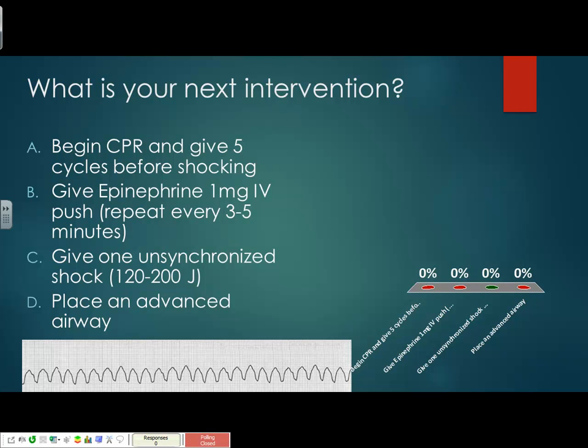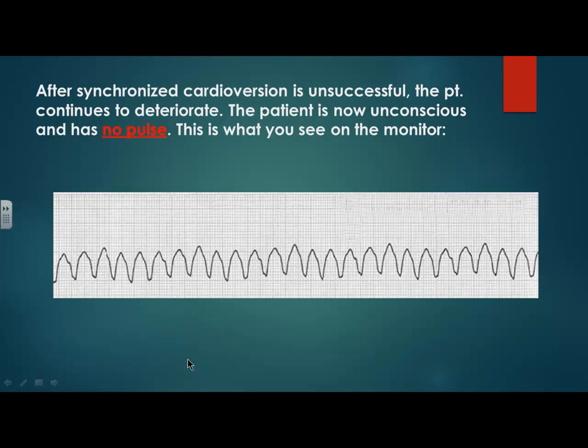At least y'all know the answer now. Alright? So obviously, it's going to be too fast, but it's going to be not moving, right? This really wouldn't be PEA. This would be more of what? I'm going to call this more of a V-fib type deal here.